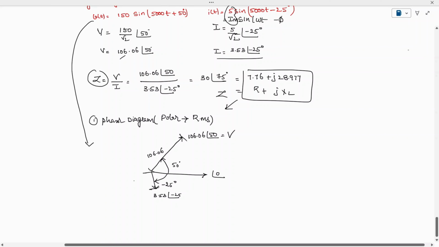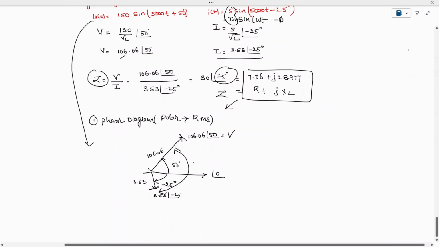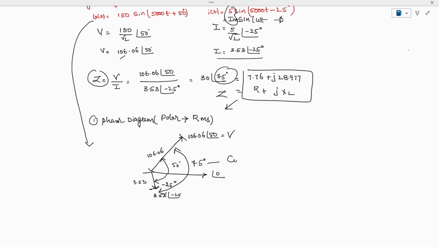The overall phase difference phi is 50 minus of minus 25, which is 75 degrees. If you perform cos of 75, you get the power factor between the voltage and current, which is 0.25 lag. Why? Because it is an inductive load. This is how to draw the phasor diagram.